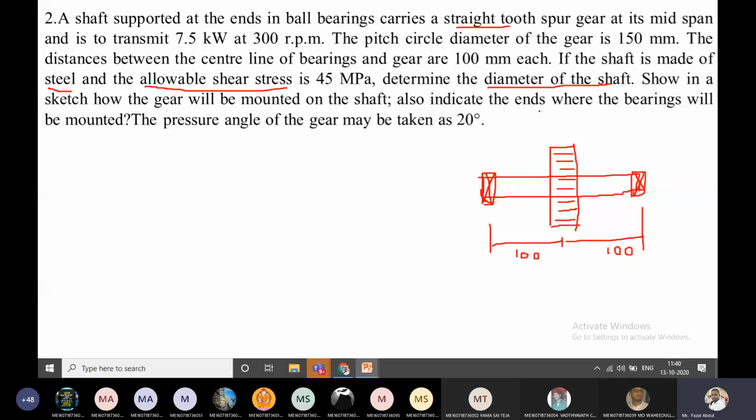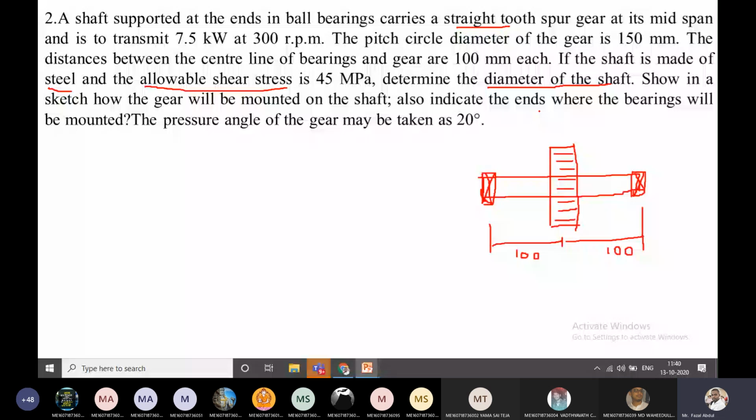So see the diagram. Because the gear is mounted here, the load is acting transversely to the axis of the shaft, isn't it? Because the gear is mounted on the shaft, the load is acting transversely.